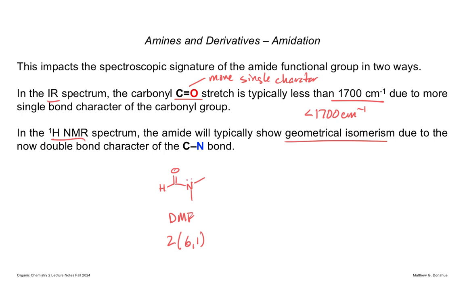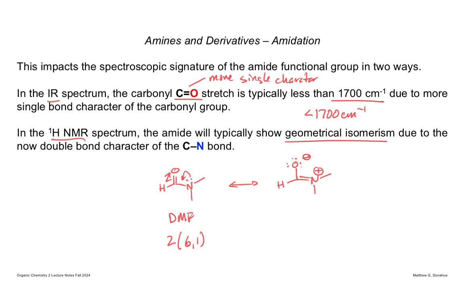However, if we consider a resonance form where now you have that double bond, the methyl groups are actually differentiated in their relationship to that hydrogen.